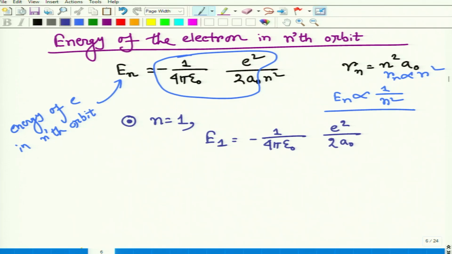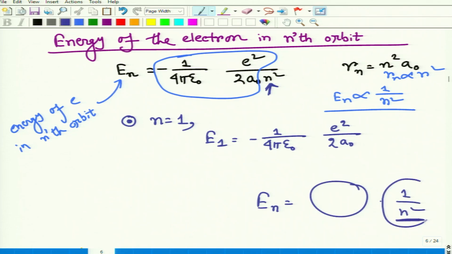Now, if n is increasing, rest being constant, overall En will decrease, because En is something into 1 by n square. If n increases, this decreases, so En should decrease, but there is a minus sign here.